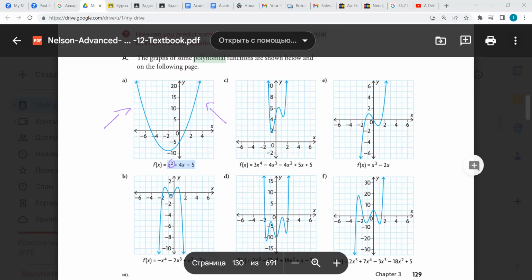So moving on. Here it's important to notice that this particular parabola is not an even function, because we have 4 times x, which is an odd power.